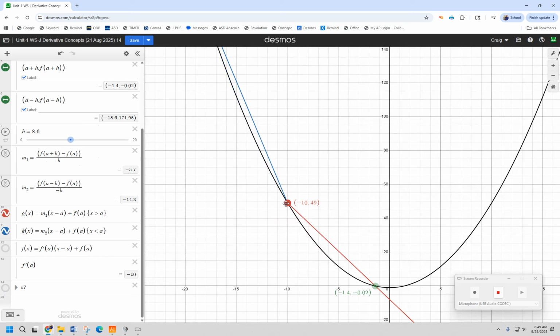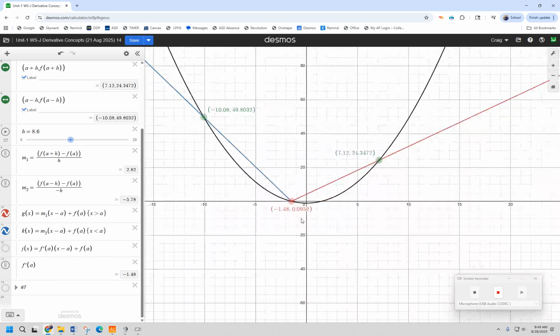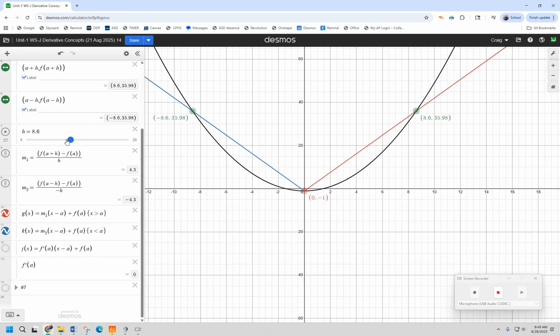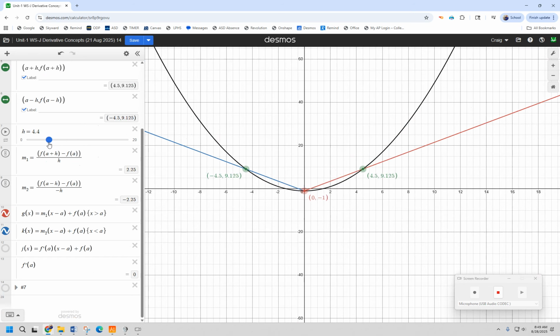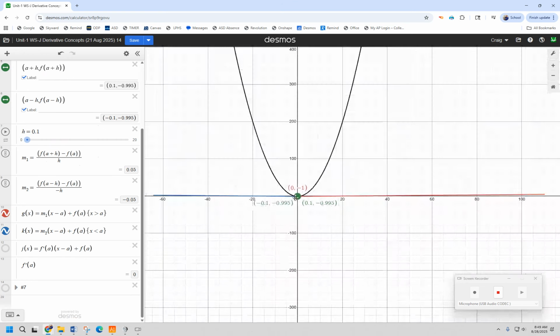Move the dot down to x equals 0. Steady hands. There we go. When we do that and then we change h and make it smaller and smaller, the secant lines get closer and closer to a single line. They look more and more like the tangent line. And then we are calculating the slope of that tangent line. And that's why that slope right there is getting closer and closer to 0. Is that your question, London?